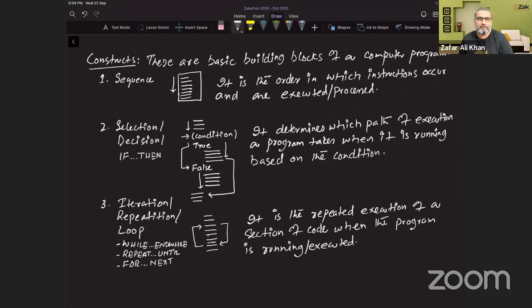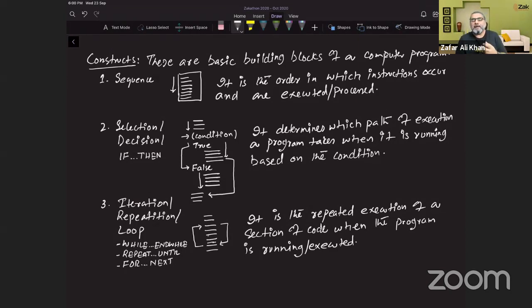There are occasions when questions related to constructs appear, at least for 4 marks to 6 marks. What are constructs? These are the basic building blocks of a computer program. Every computer program is made up of these three.